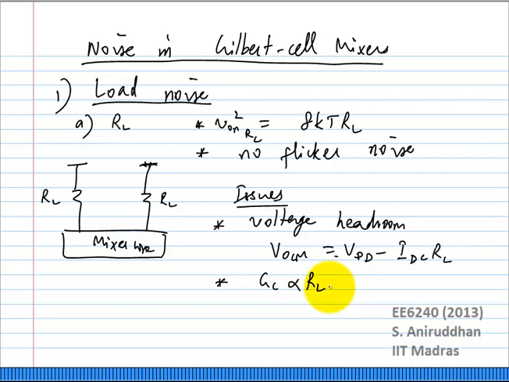What can you do to fix this problem? You can use some kind of active load that will help you set the output common mode and break this connection between the headroom and the conversion gain.